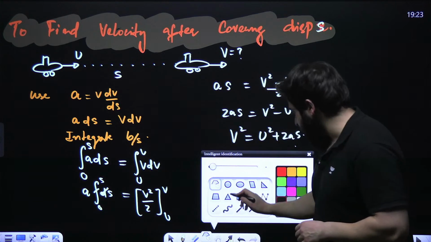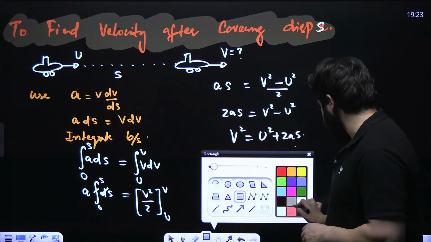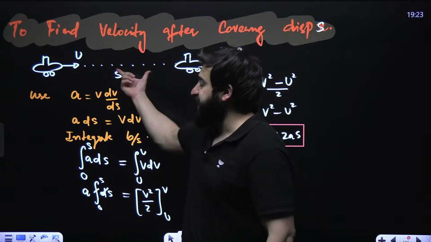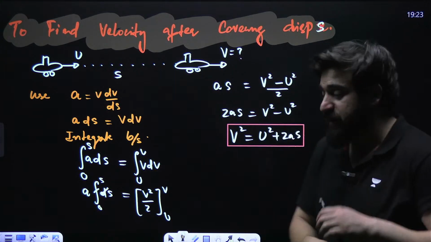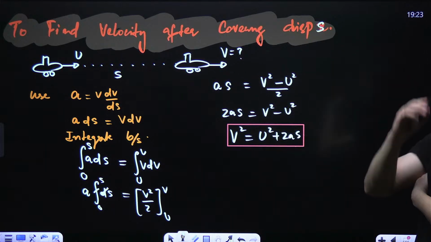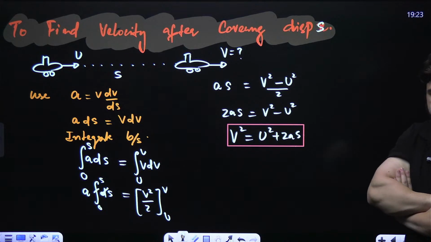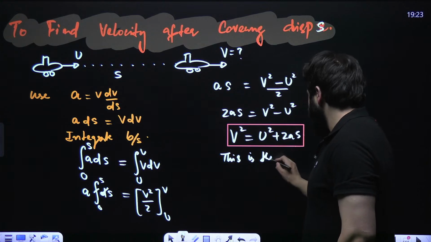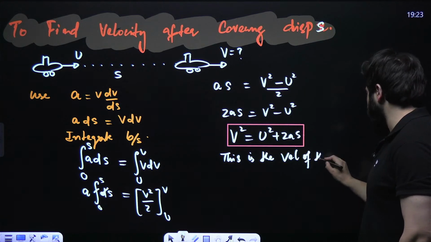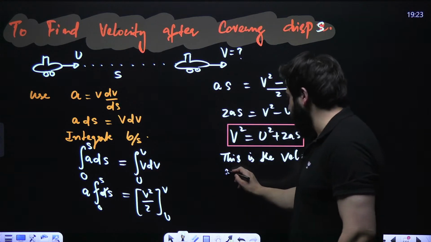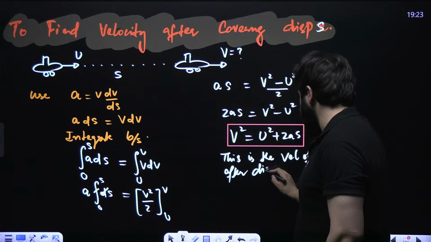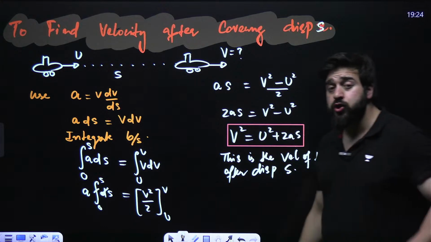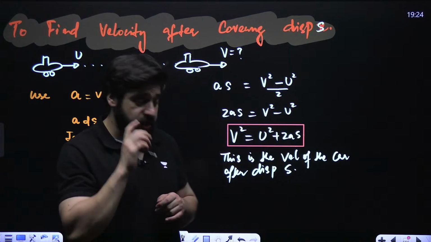Now guys, this is the final velocity of the car after covering the displacement S. This is the velocity of the car after displacement S. And we use this equation also only when acceleration is constant.